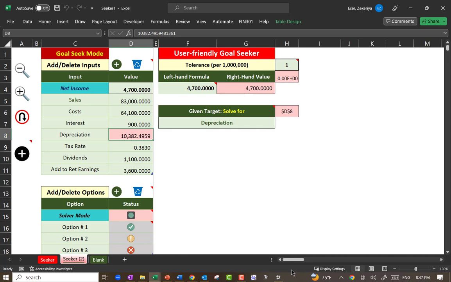Underlying that, it actually does a goal seek. There's a macro behind this that works on change. When one of those cells changes, it asks what I need to make that input so the left-hand side is equal to the right-hand side. Technically, there are a lot of iterative calculations. This is linear, so there's not too much iteration going on, but underlying that, Excel solves it for you.